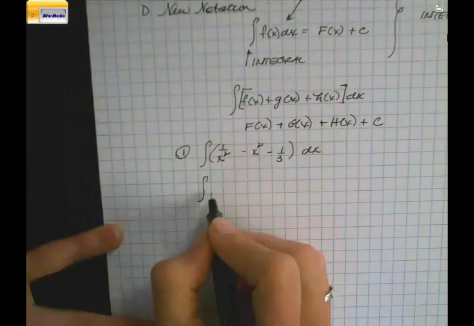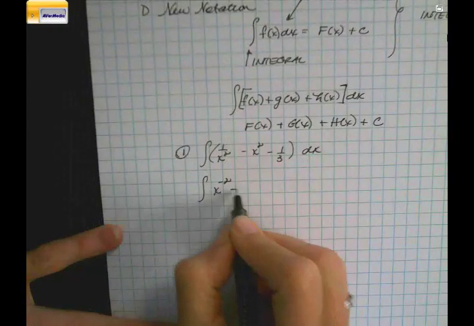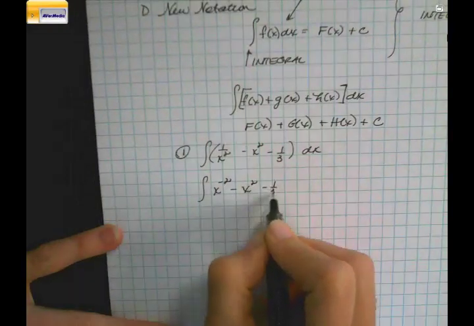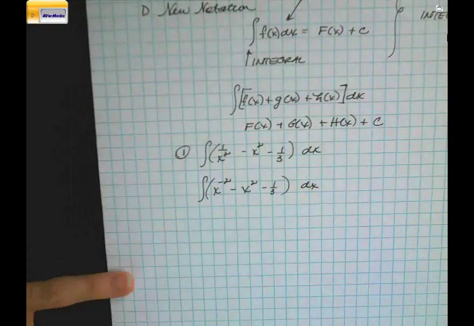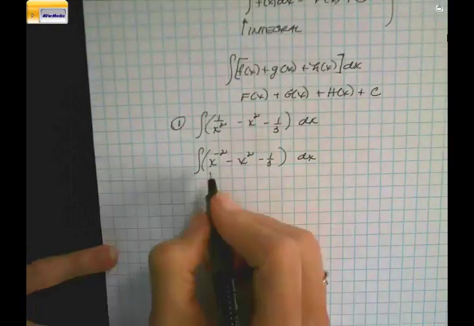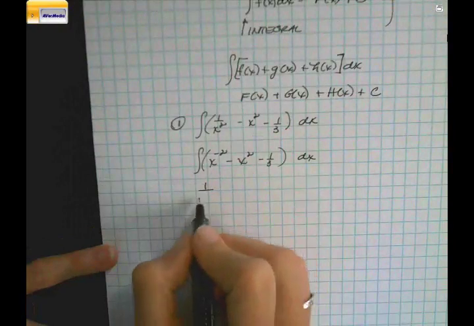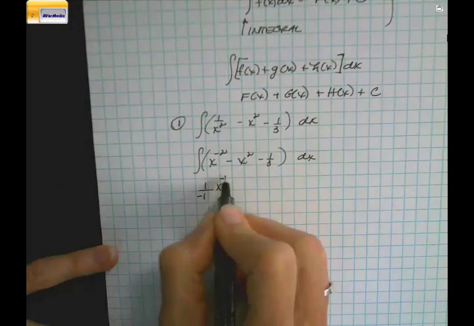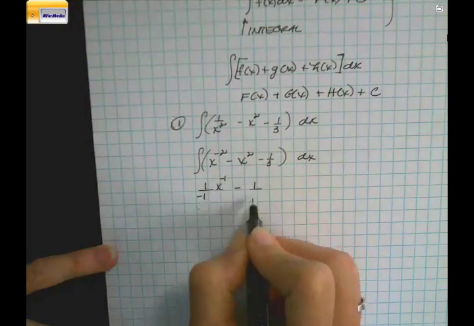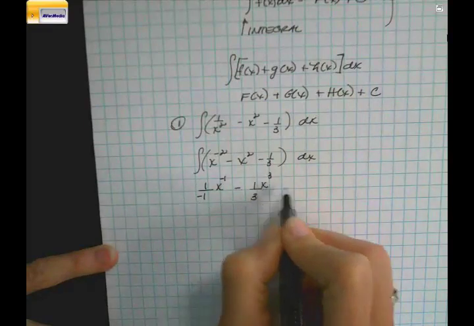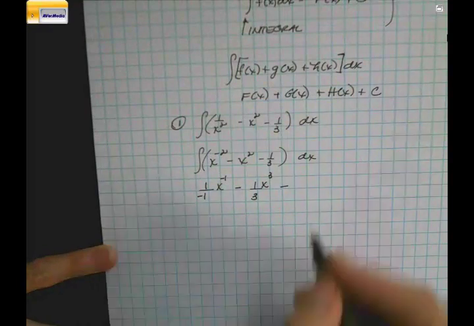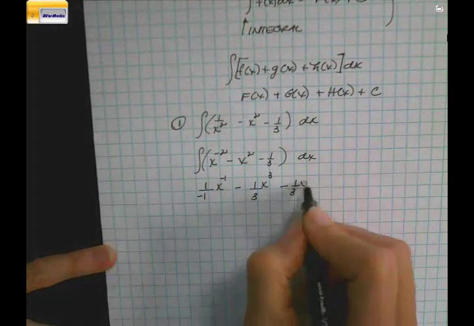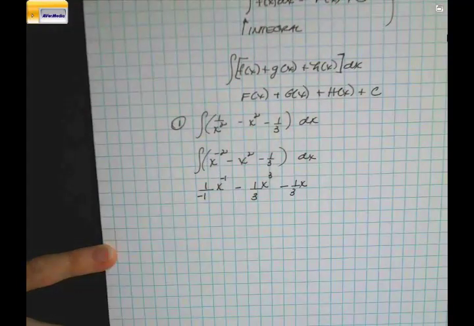So before you jump into this, I would rewrite this as x to the negative 2. Okay, so this becomes 1 over negative 2 plus 1, minus 1 over 2 plus 1. What do you think the integral of 1/3 is? 1/3 x.